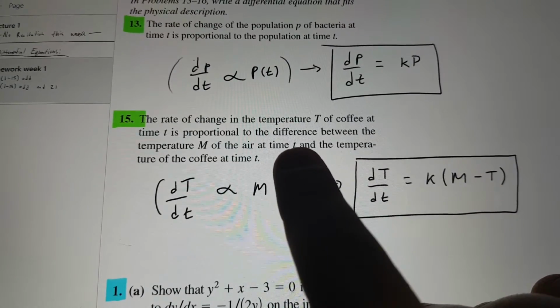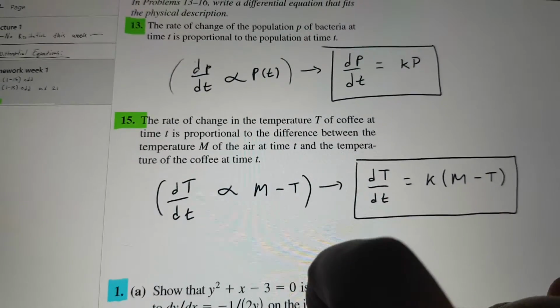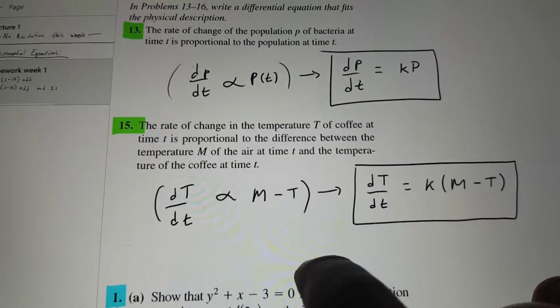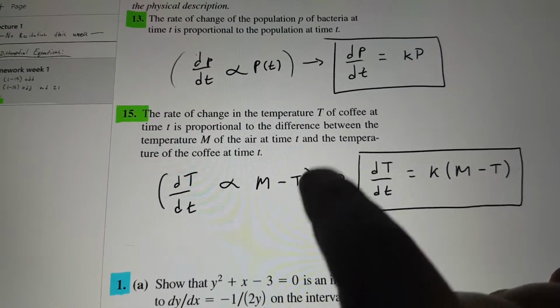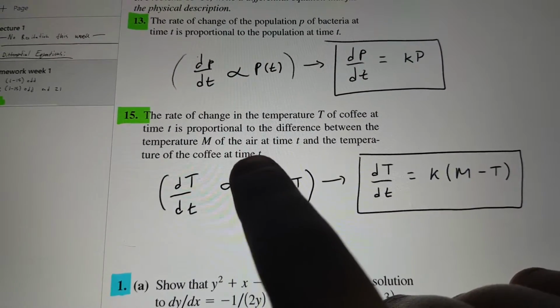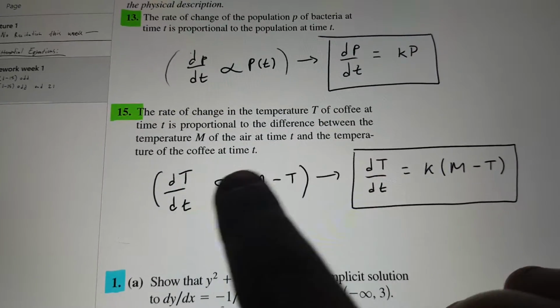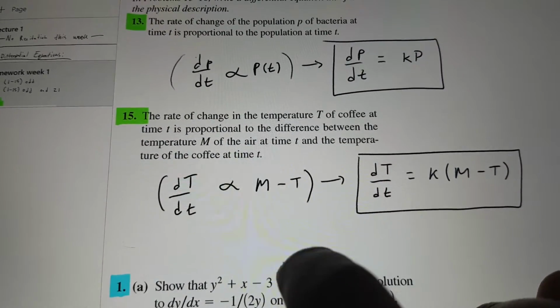The rate of change in the temperature T of coffee at time t is proportional to the difference between the temperature M of the air at time t and the temperature of the coffee at time t.